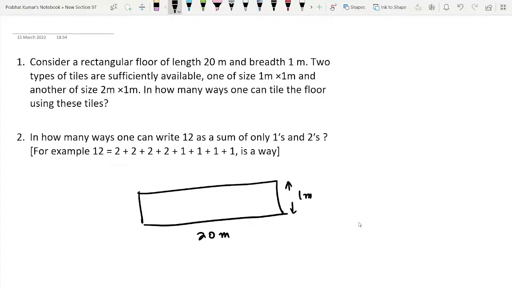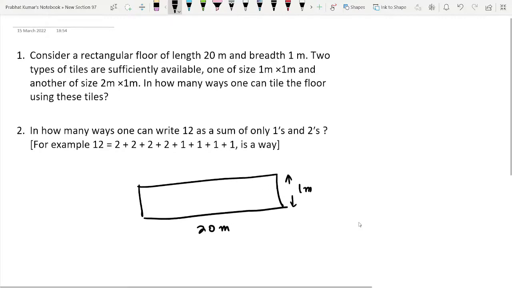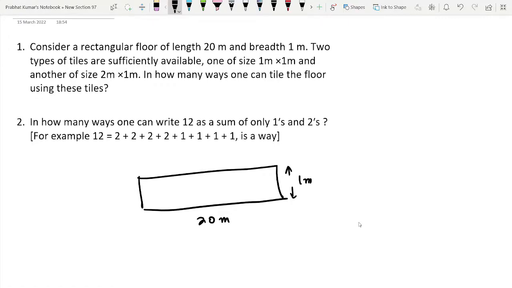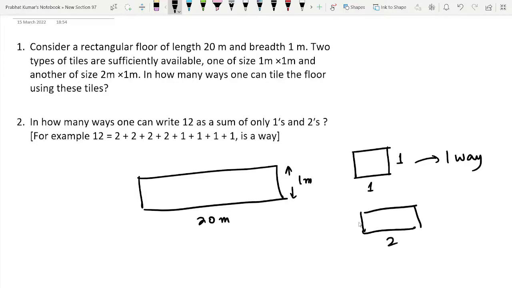An obvious approach that one can apply is looking at the sequence for some sample cases. If we consider a floor of size 1 into 1, then obviously there is only one way to fill it using this 1 cross 1 tile. Similarly, if we have a 2 cross 1 rectangular floor, then we can tile it in two ways.